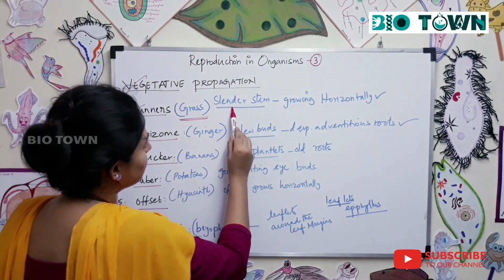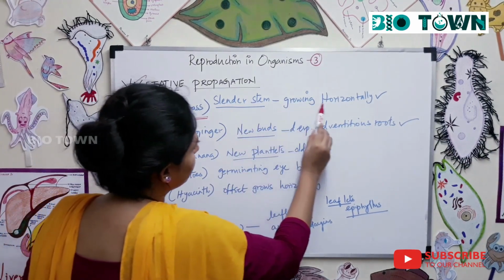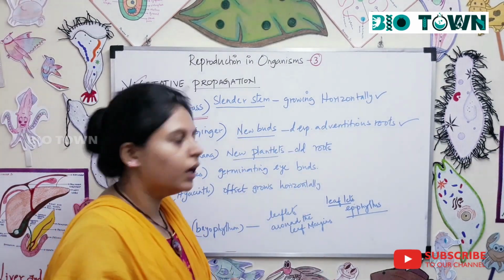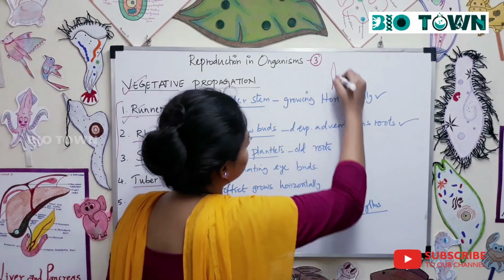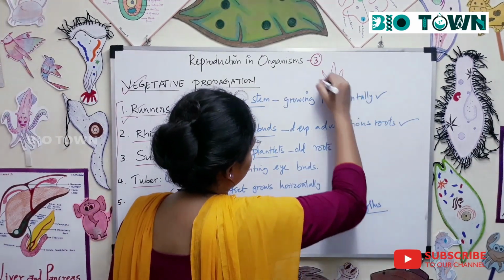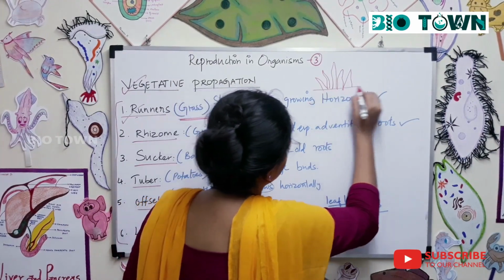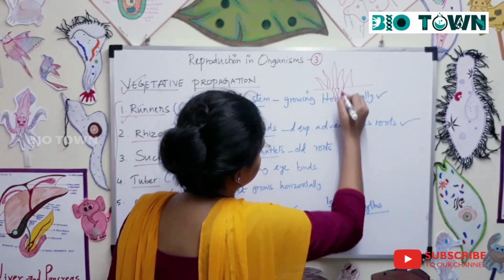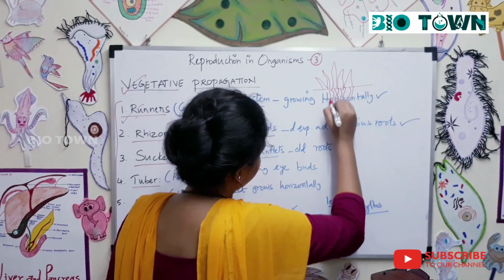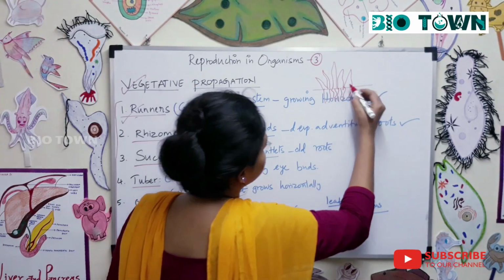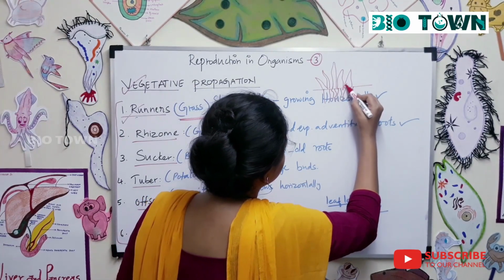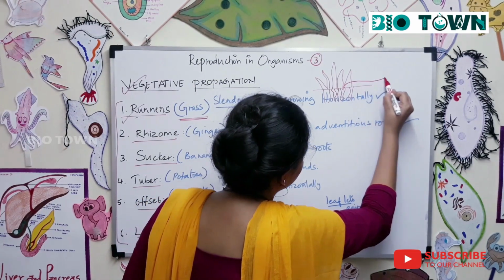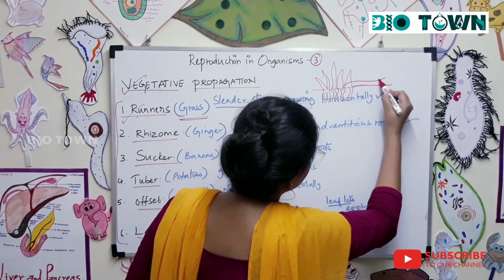Now there is a slender stem which grows horizontally, which means imagine there is a grass, and this is the soil and there are roots of grass. Now what happens? The grass has a single stem, it grows horizontally.